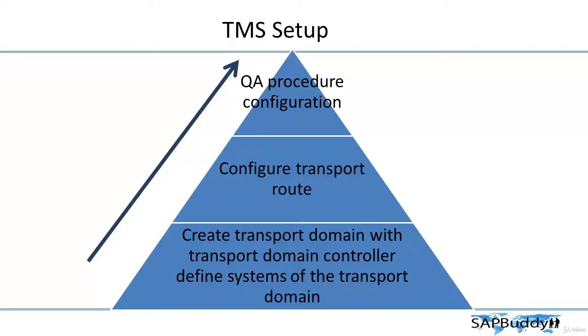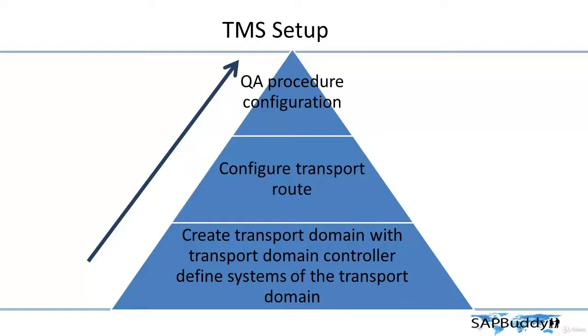This particular slide is quite important because here you can see the main steps involved in the TMS configuration, which is broken down into three steps. First one is to create the transport domain with the transport domain controller and define the systems of the transport domain.